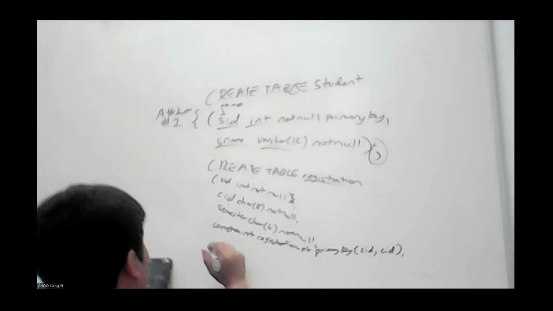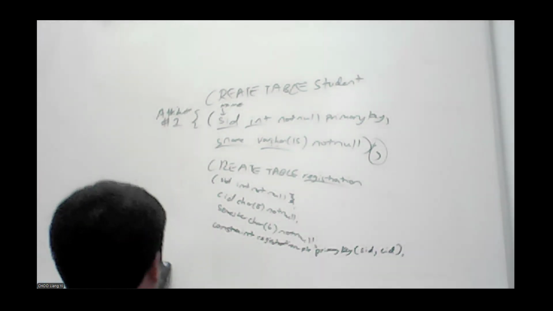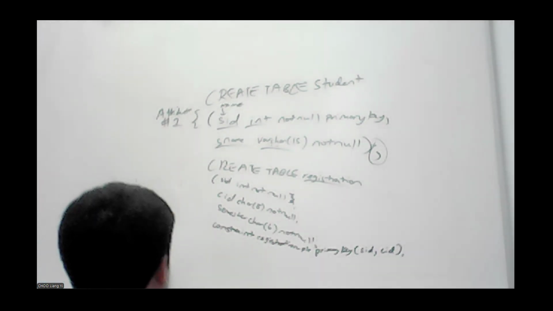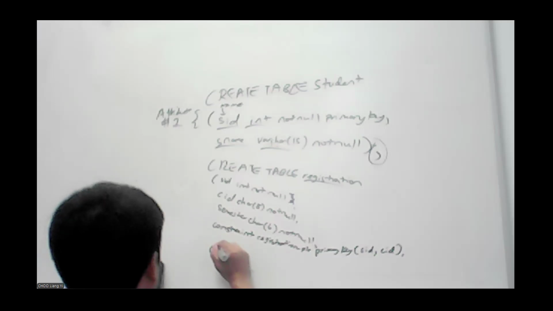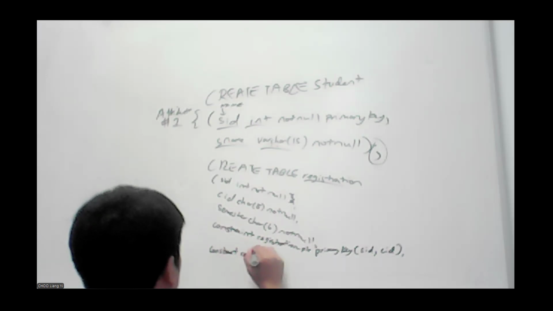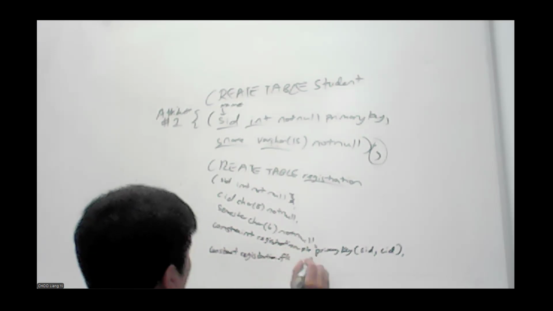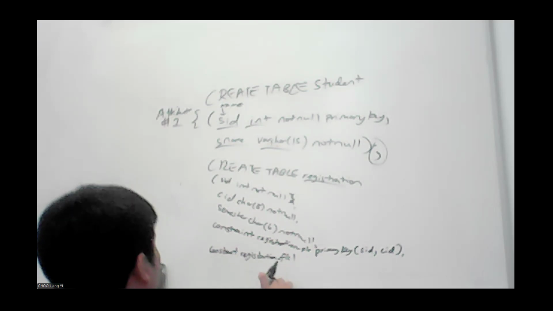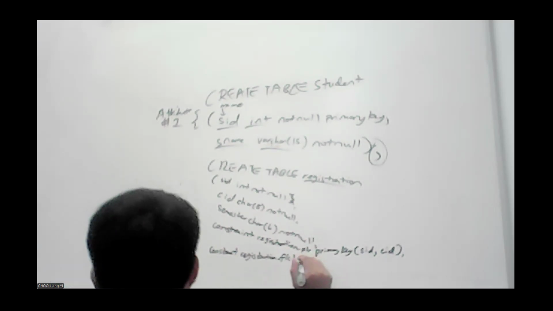After that, you need to define the foreign keys also. So next is another constraint. Constraint, then what's the name of the foreign key you want? Constraint registration FK. FK does mean foreign key. Foreign key 1, so registration table foreign key 1.